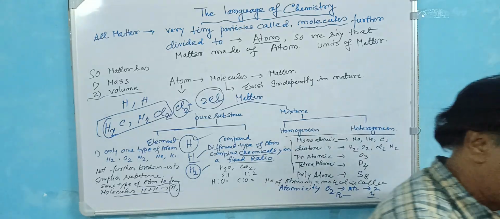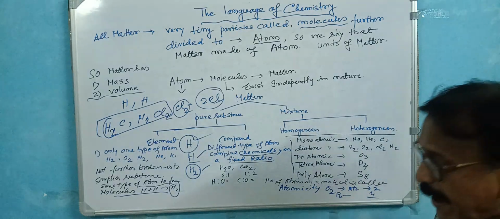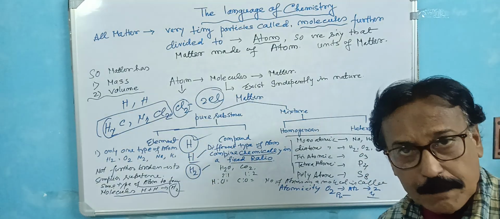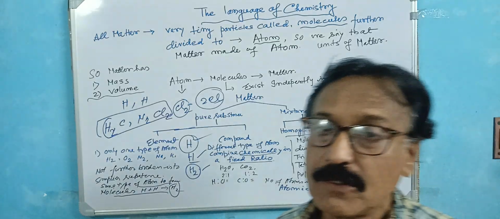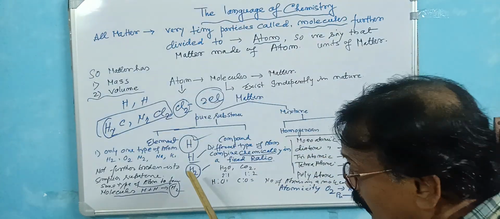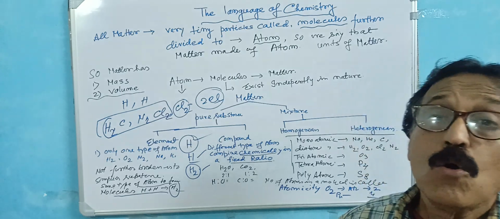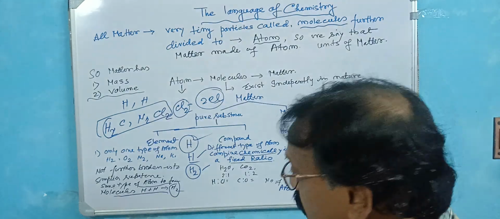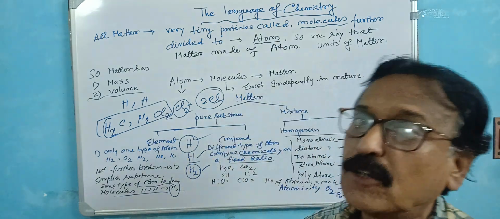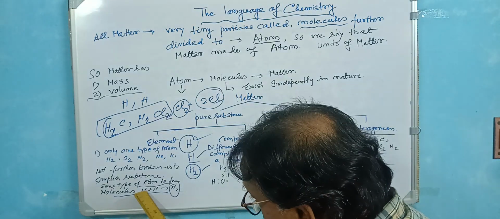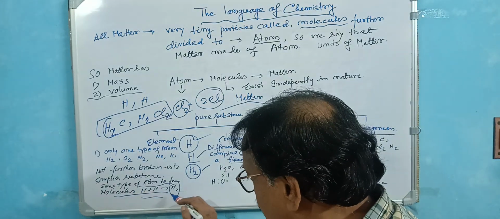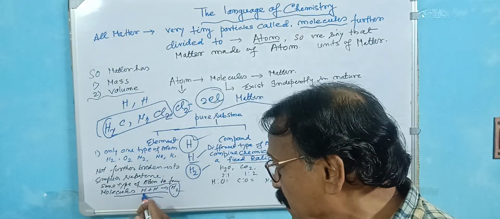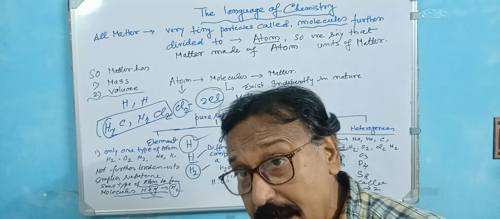That is a clear understanding for further study. H means symbol of hydrogen or one atom of hydrogen. H2 means one molecule of hydrogen. That is the molecular form, that is the atomic stage. So H plus H means H2 form. These are atoms, but they are chemically combined.